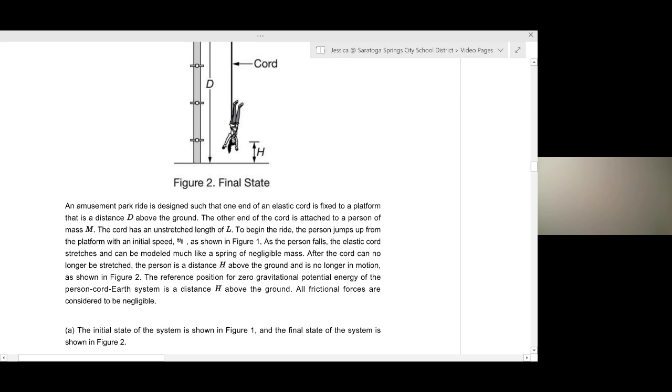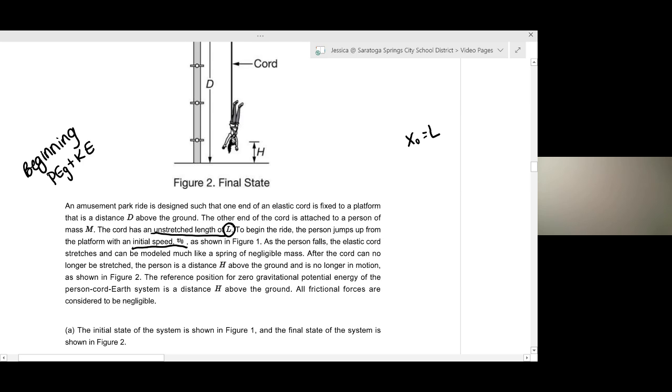The cord has an unstretched length of L to begin the ride, so that's essentially the initial length. To begin the ride, the person jumps up from the platform with an initial speed of v0. So they do begin with both gravitational potential energy and kinetic energy.